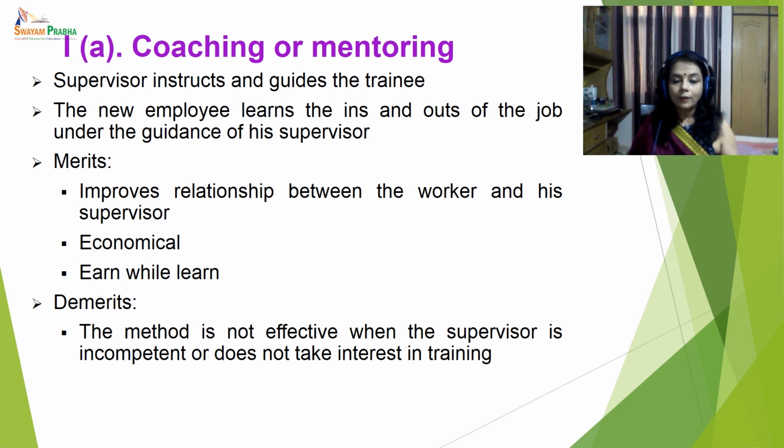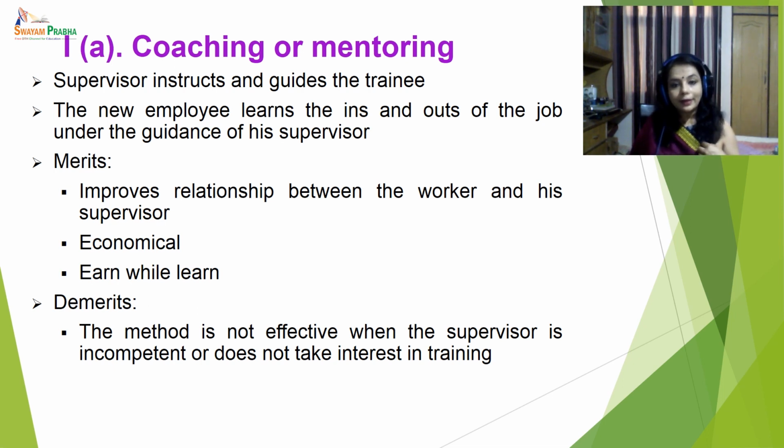The new employee, or even an old employee, may be put under a specific person known as a supervisor, and the supervisor acts as a coach. The new employee learns the ins and outs of the job under the guidance of the supervisor.